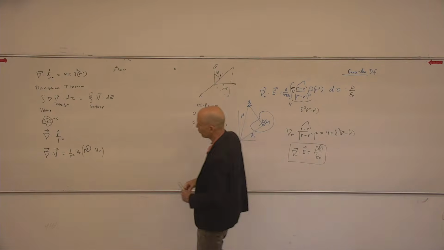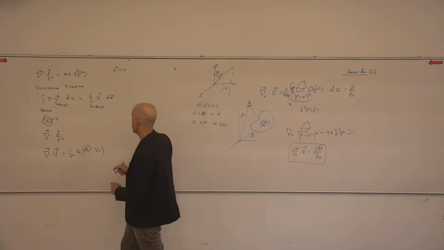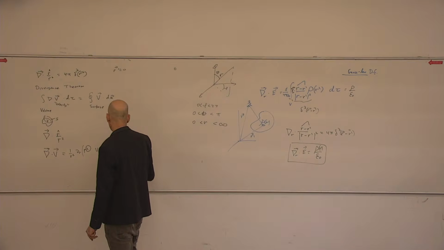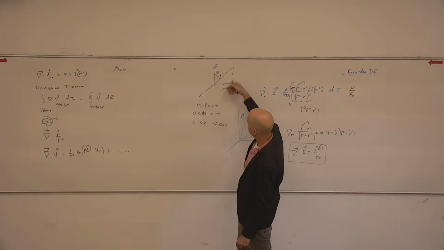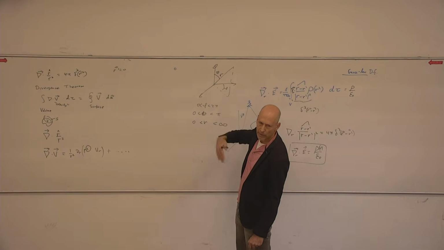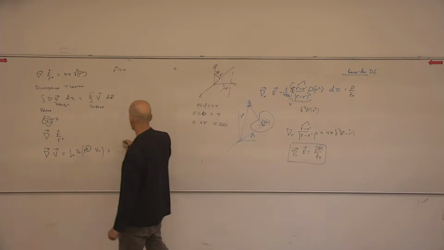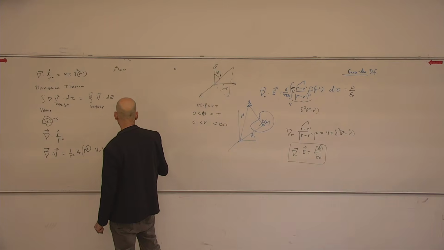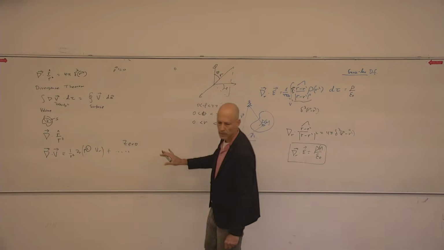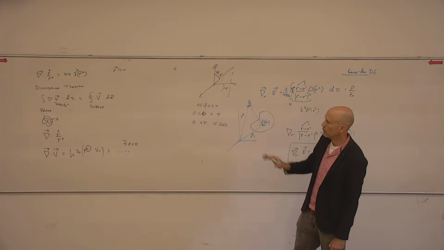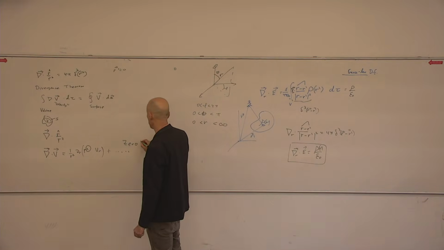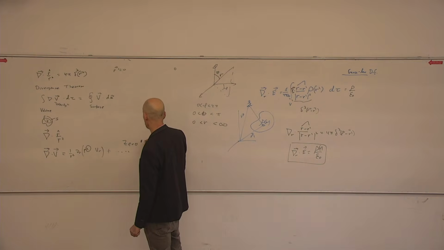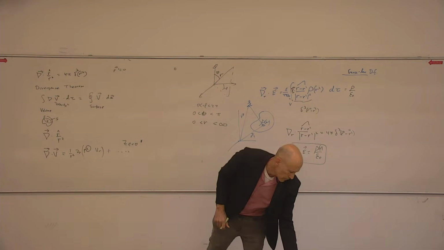And this is the first term, and then there are other terms related to v in the phi direction and v in the theta direction, but I don't write them because they are all 0. You can check it for yourself. They're trivially 0 for this field. Okay, maybe I should write it.